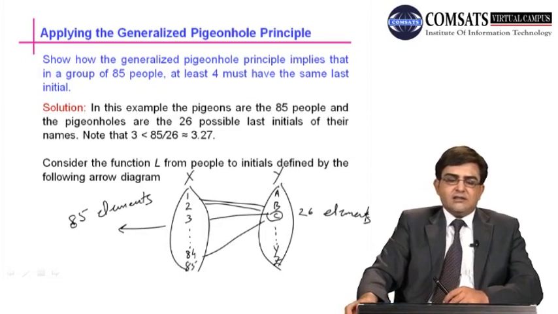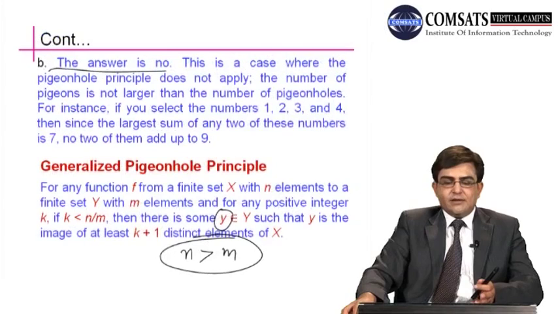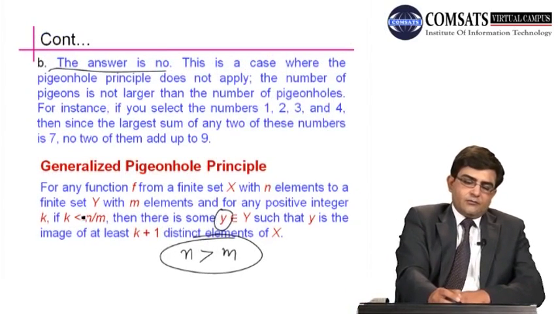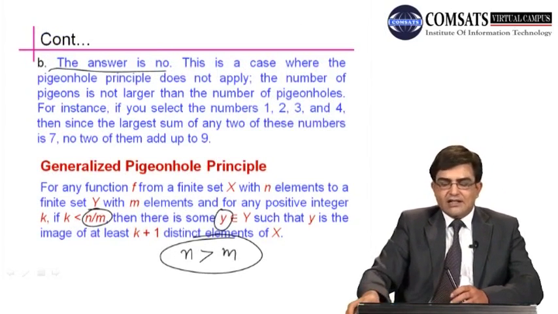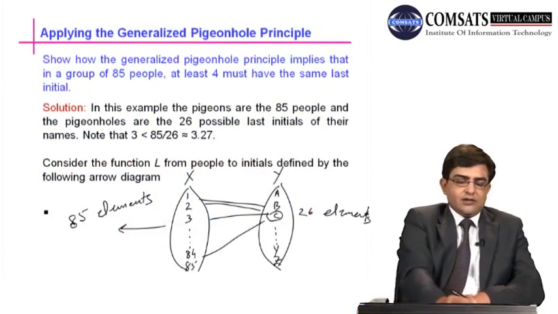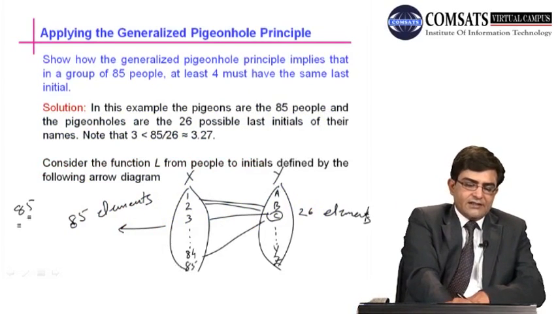So how can we apply the generalized pigeonhole principle? First of all we divide n by m, that is the number of elements in the first set by the number of elements in the second set. So we divide 85 by 26.